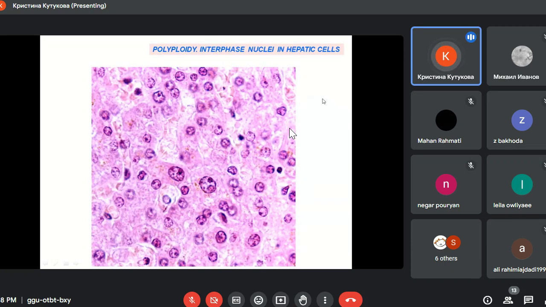Here, during cell division, in some cases, we will have polyploid nuclei.